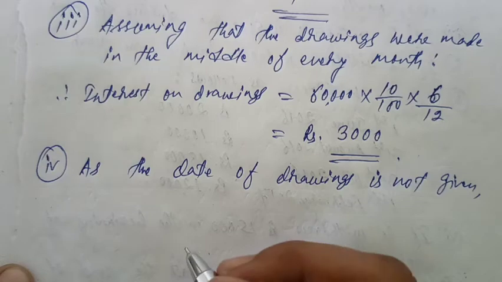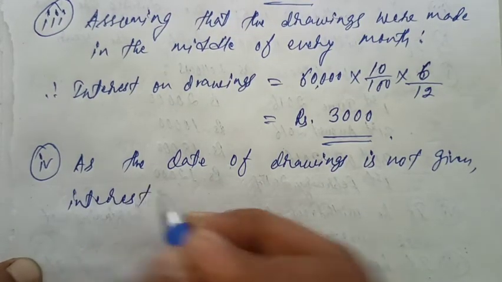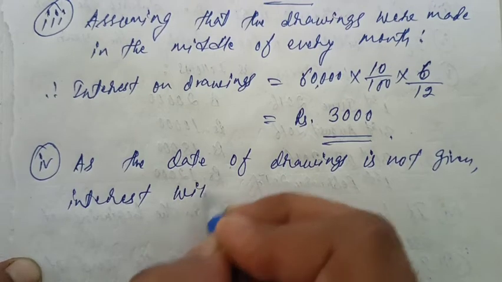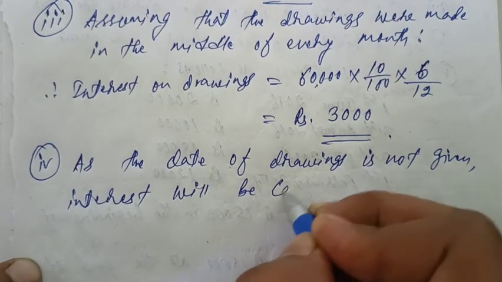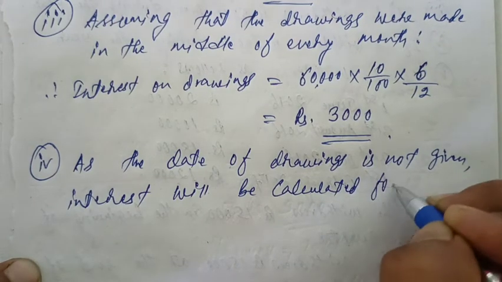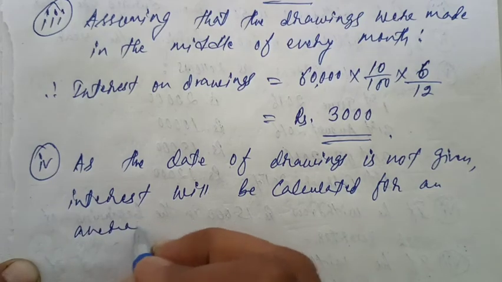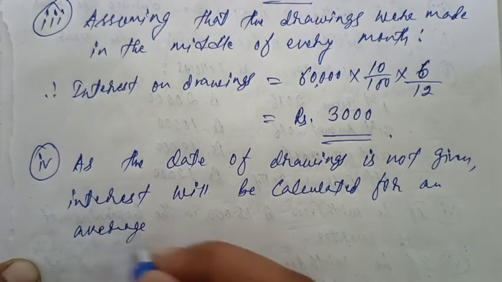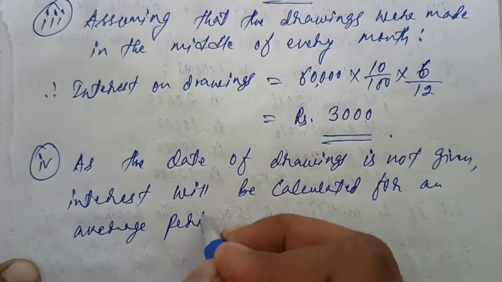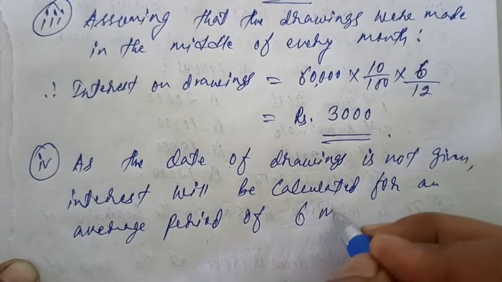If the date is not mentioned in the question, when it is withdrawn, then we'll take 6 months as the average period.